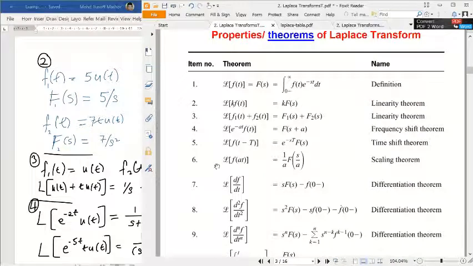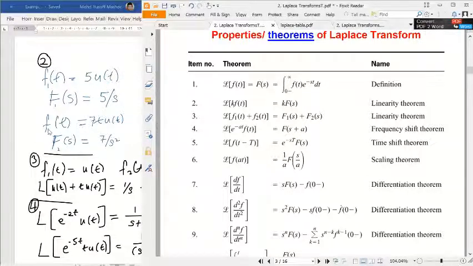So according to this formula, you take 1 over s and just multiply by k, and you get the Laplace equivalent. Similarly in this case, k equals 5, so you transform u(t) into Laplace, which is 1 over s, you can refer to the table, and then just multiply by 5. This is the Laplace equivalent for this.